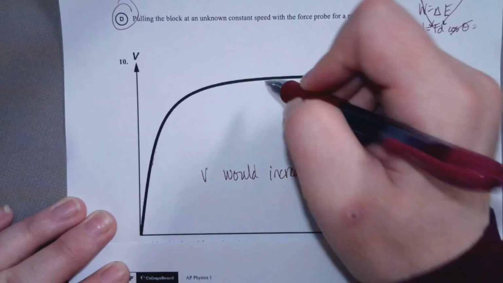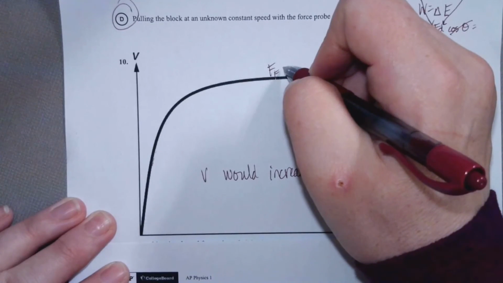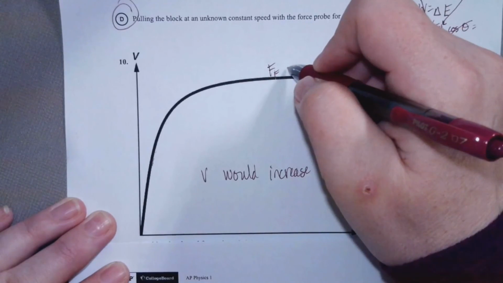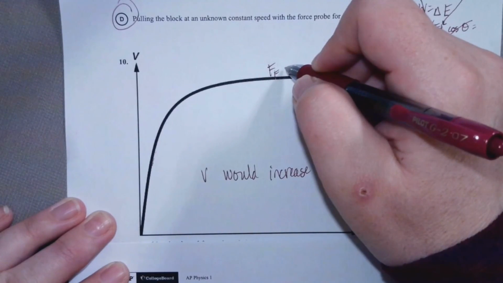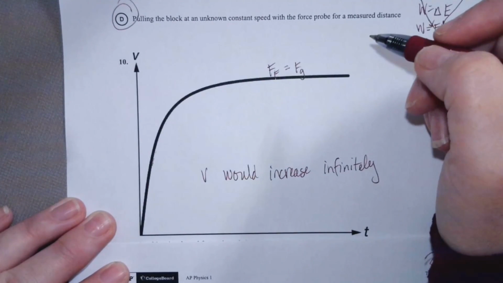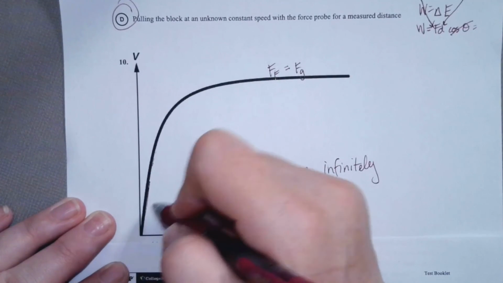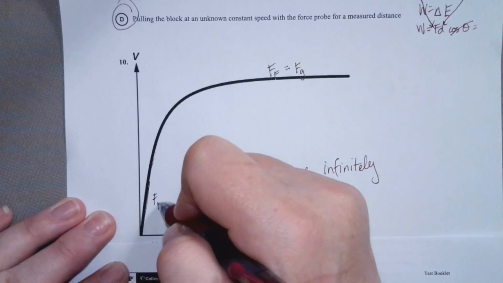So we know the force of friction here is making it slow down. This is when the force of friction is almost equal to the force of gravity, because it's keeping it at a constant speed. Over here, the force of friction is very low.